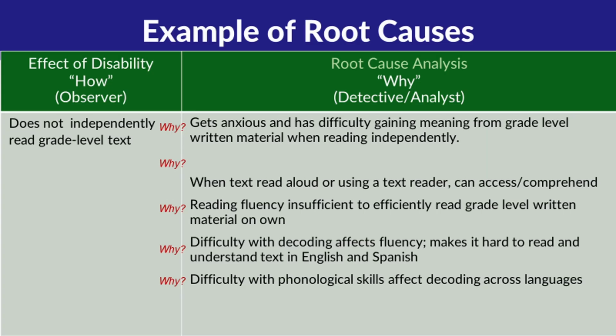Why? Because their reading fluency is insufficient to efficiently read grade level material on their own. Why? Because of difficulty with decoding, which affects fluency, that makes it hard to read and understand text in English and Spanish. Why? Because of difficulty with phonological skills that affect decoding across languages.